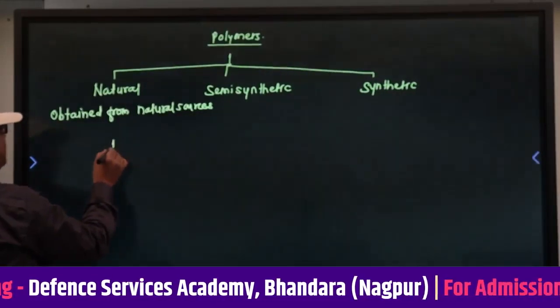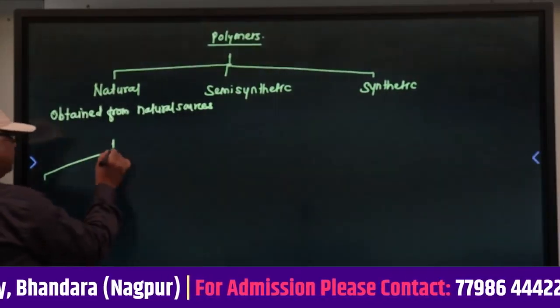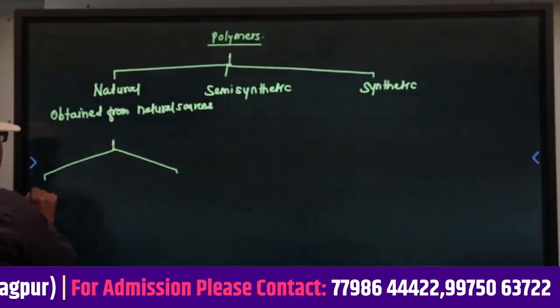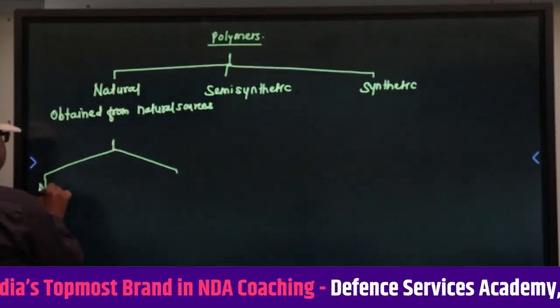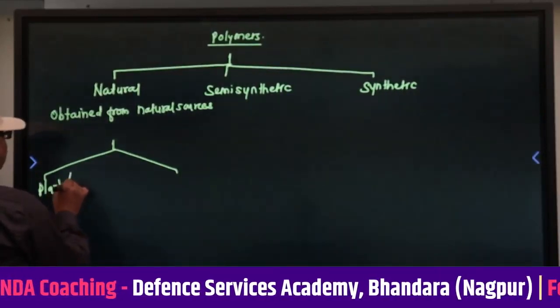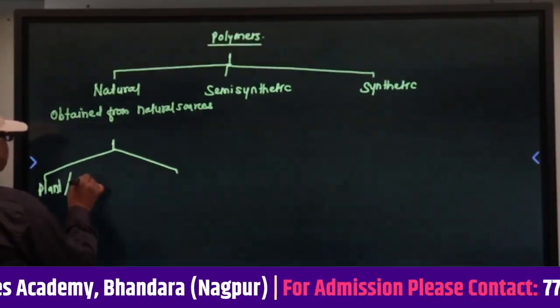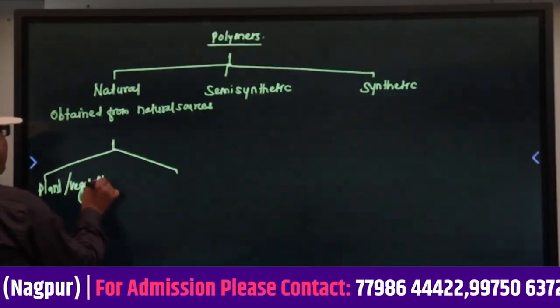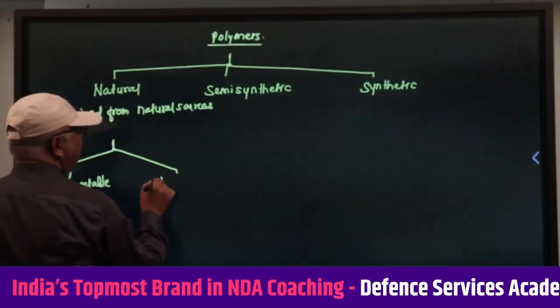These natural polymers are again of two types: one is plant polymers or vegetable polymers, and another is animal polymers.